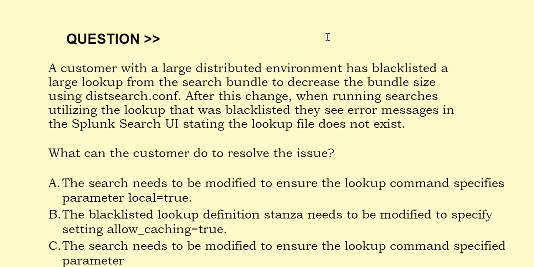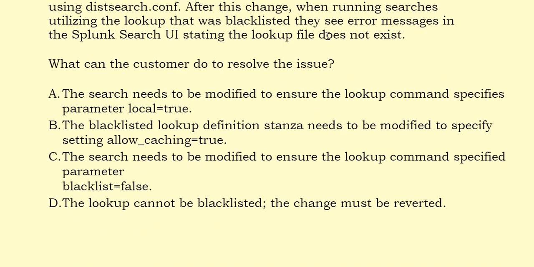Option A, the search needs to be modified to ensure the lookup command specifies parameter local=true. Option B, the blacklisted lookup definition stanza needs to be modified to specify settings allow_caching=true.